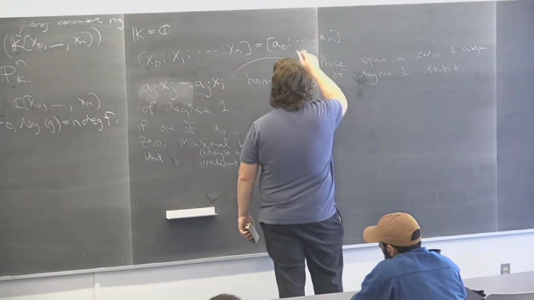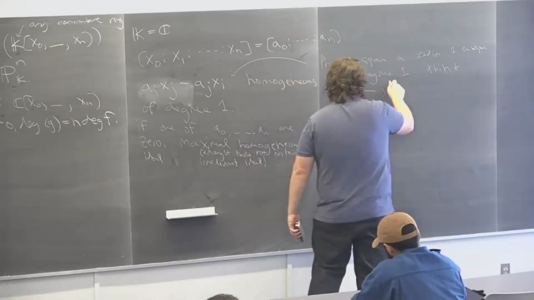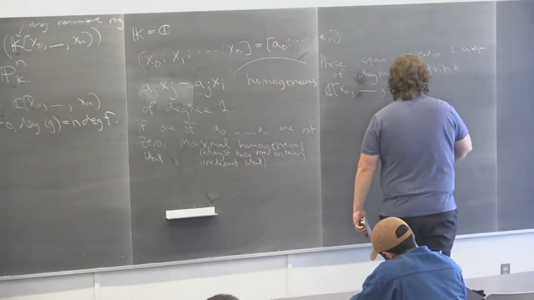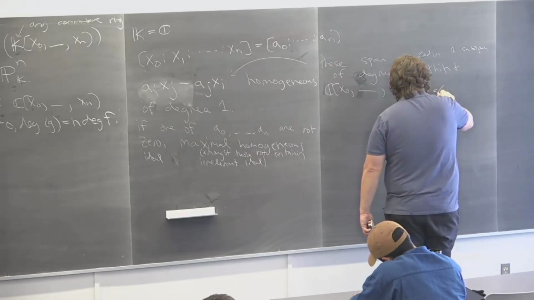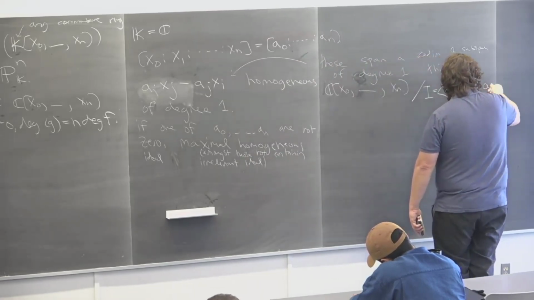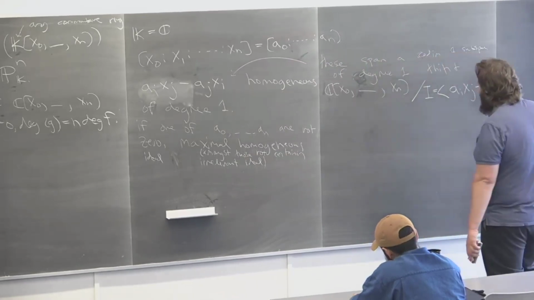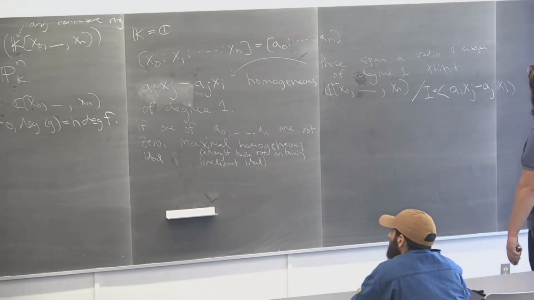So if I look at phi of x0 up through xn, mod the ideal generated by these AI xj minus aj xi's, right? Then what am I going to get?